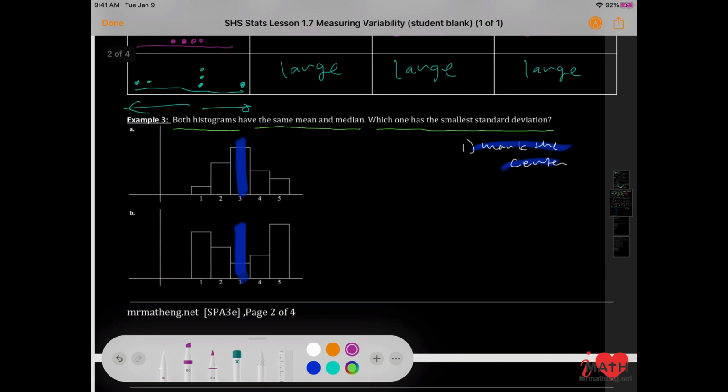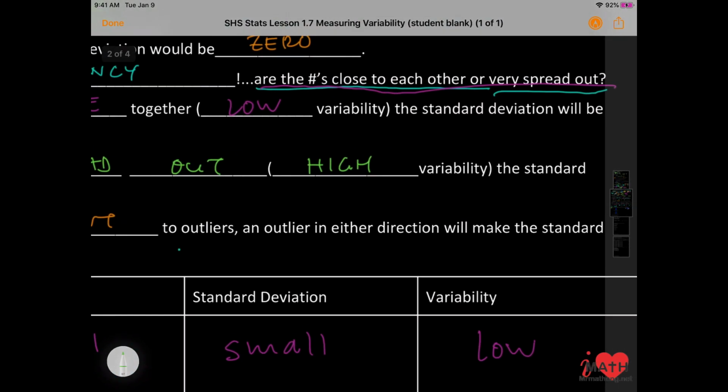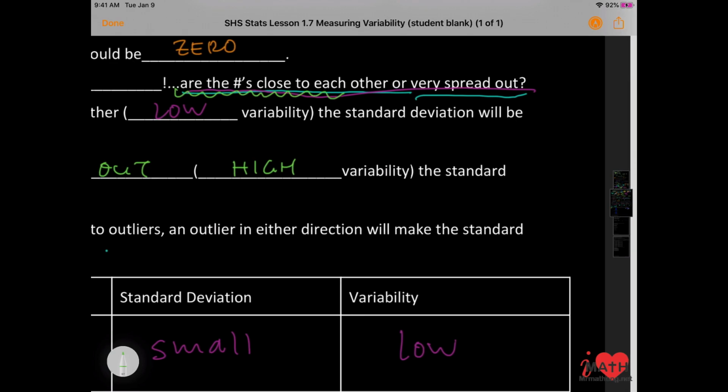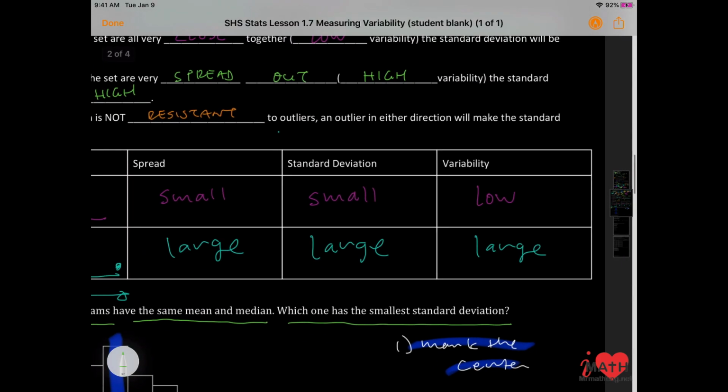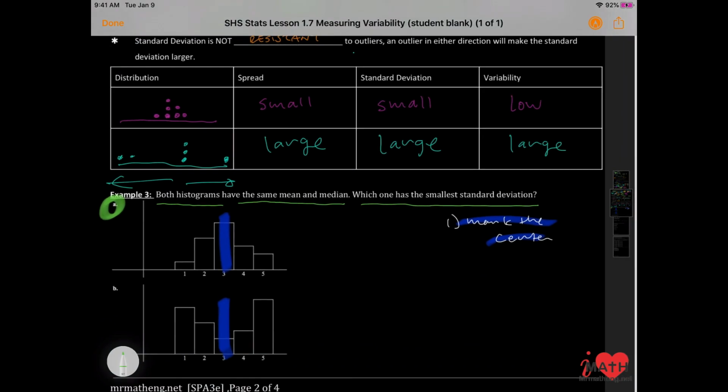So, 4A. Question. Let's go back up to the question up there. Are the numbers close to each other or very spread out in A? Well, all that data is very close to that blue line. So we can say that in histogram A, has more data clustered, clustered means together, clustered around its center.